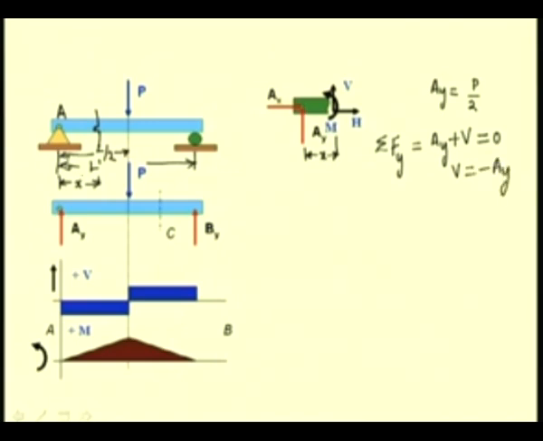We see that as this section moves from A to any point up to L by 2 of the beam, the shear force does not vary and it is equal to minus Ay and remains constant. So, we plot the same. So, here to some scale we have plotted this Ay which is equal to minus P by 2. We have plotted the same and it remains constant up to the mid section.